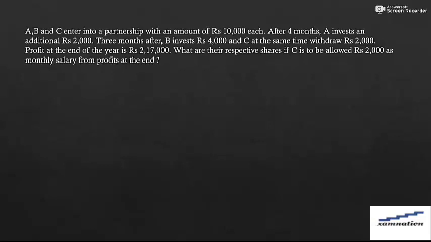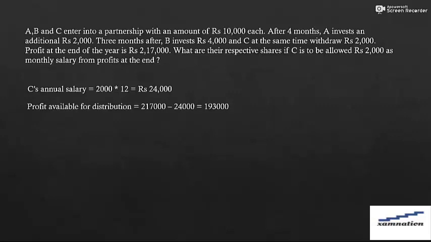So the profit available for distribution here would be calculated after deducting C's salary. So first let's calculate C's salary. His annual salary will come down to 2,000 into 12, that is rupees 24,000. Now we'll reduce this figure from the profit figure of the year and calculate the profit available for distribution. That is 217 minus 24, that comes down to 1,93,000.